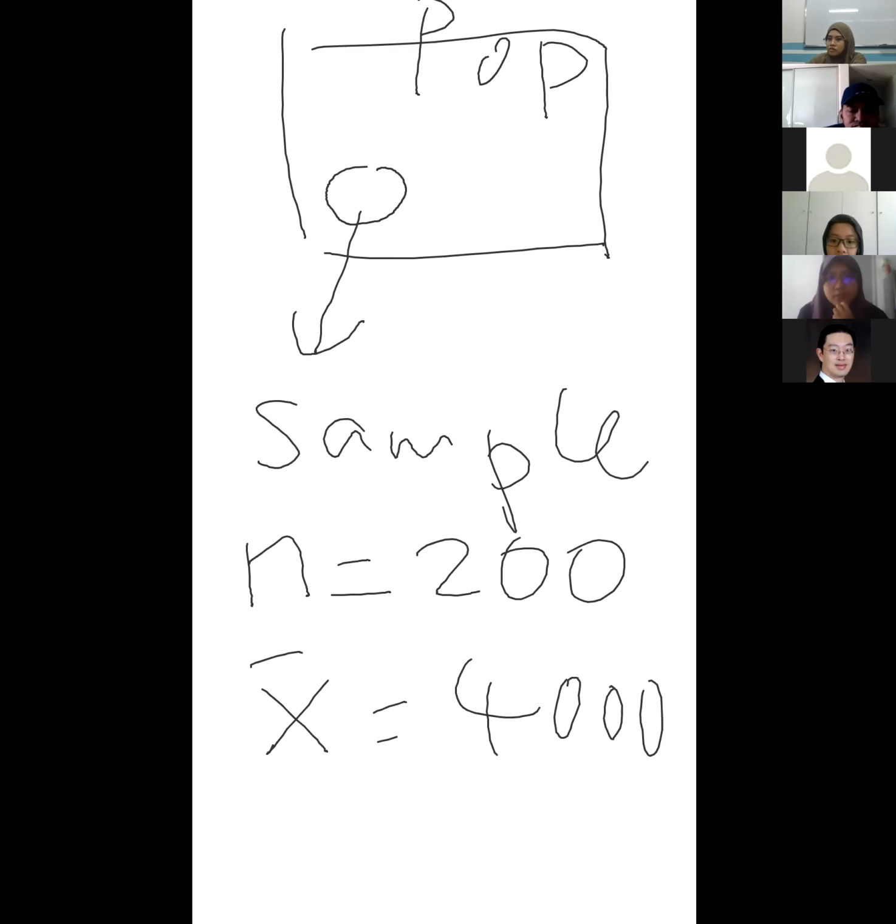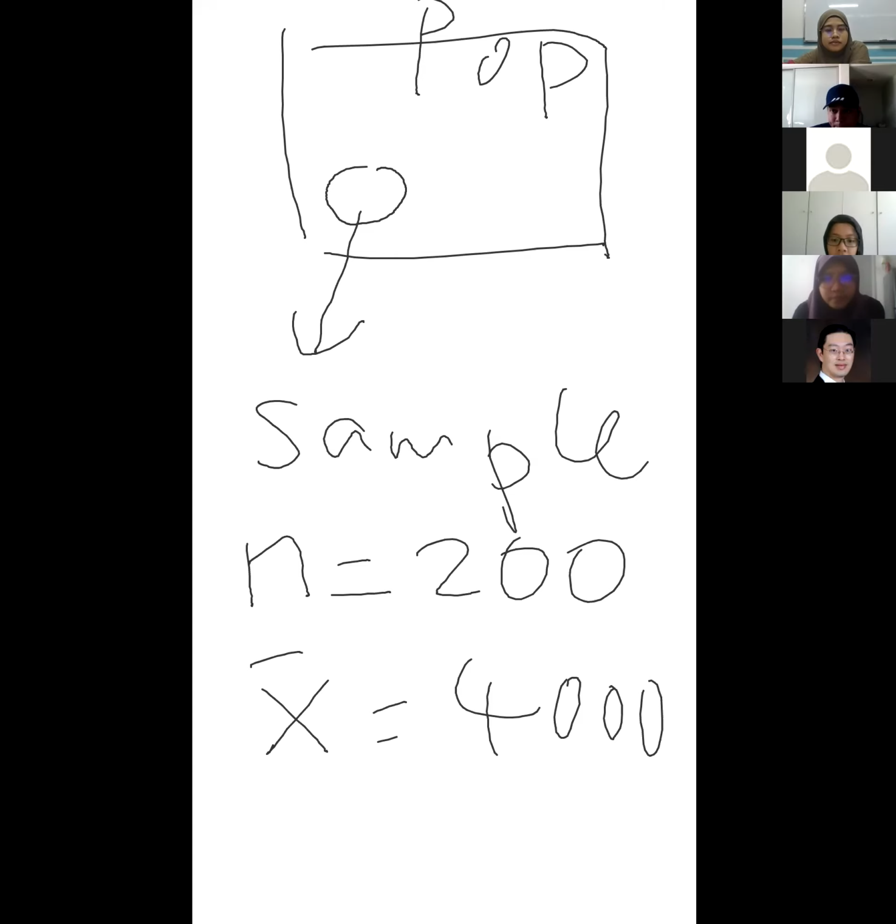Now we can only say that this 200 can represent the population if we do random sampling. However, no matter how random you do, you still have bias. So the actual population average may be higher than 4,000, may be lower than 4,000. Can you follow? Yes.